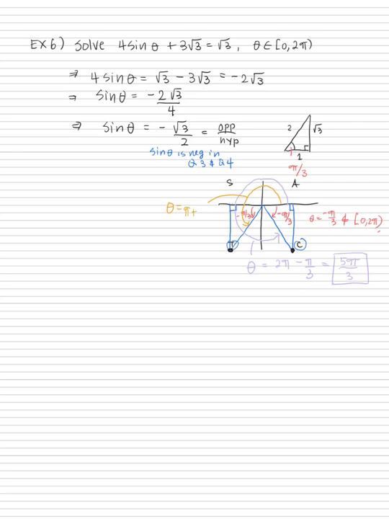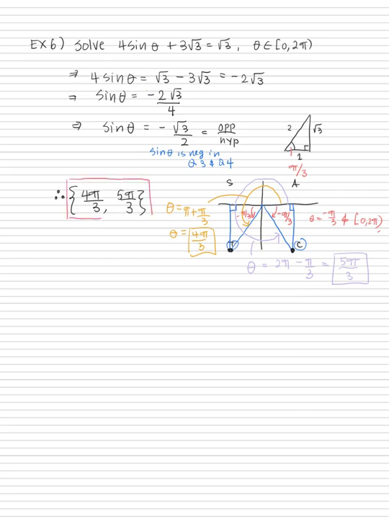So in this case, our theta is going to be what? 4 pi over 3. And 4 pi over 3 is definitely inside of 0 to 2 pi. So that's going to be our answer. Let me just write: therefore, the solution set is 4 pi over 3 and 5 pi over 3.